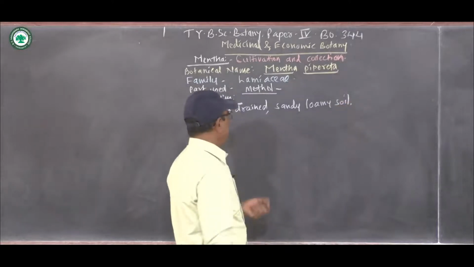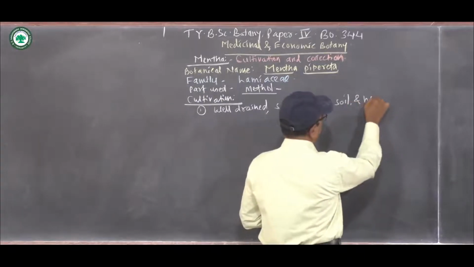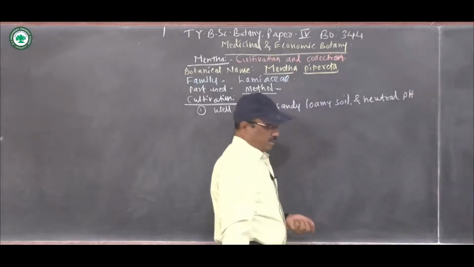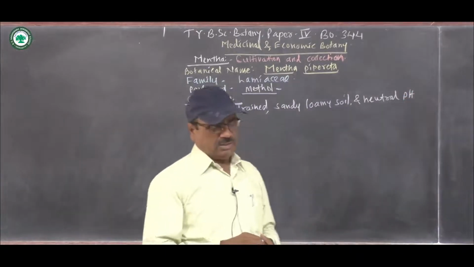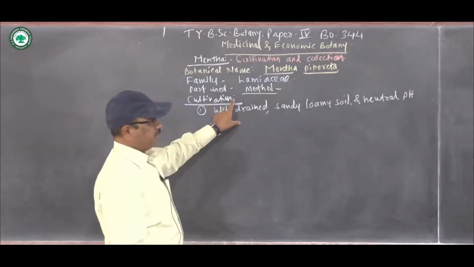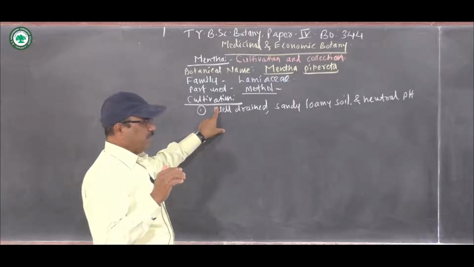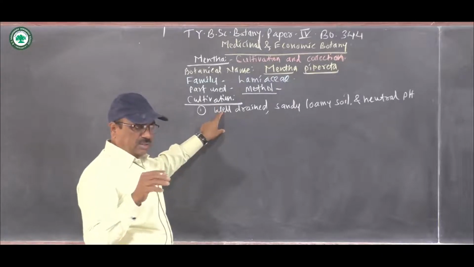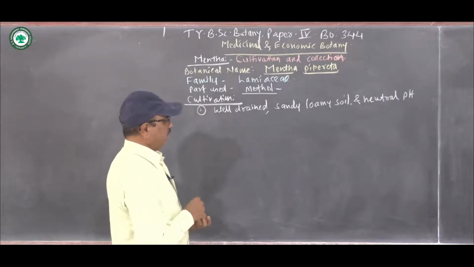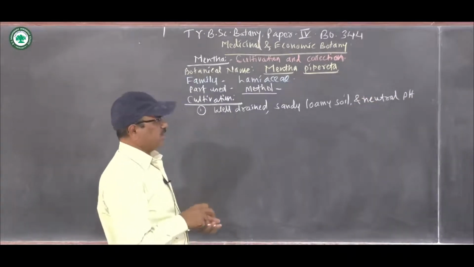Sandy, loamy and well-drained soil having neutral pH is very good for the cultivation of this plant, that is the Mentha. The sandy loamy soil drains out the water, and for that purpose such type of soil is very effective, having the neutral pH for the cultivation of this Mentha.